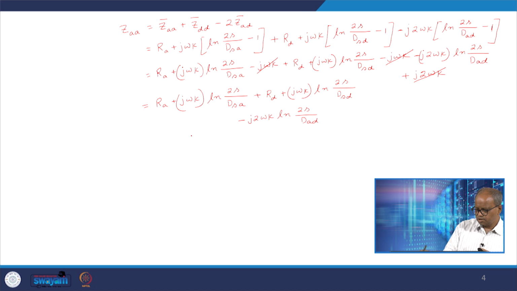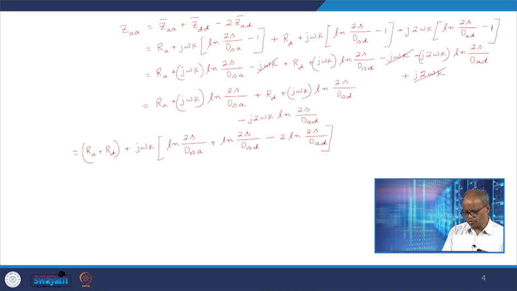Now we can also simplify this as RA plus RD. We take the real part, because all the rest is imaginary part, and now we take common j omega K. Then I get log of 2S by DSA plus log of 2S by DSD minus 2 log of 2S by DAD. That is what we get.